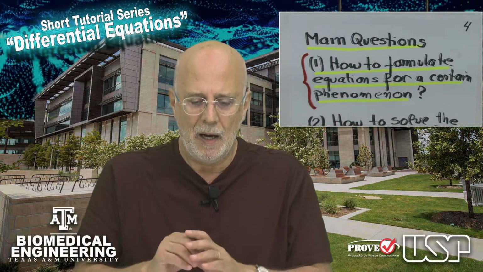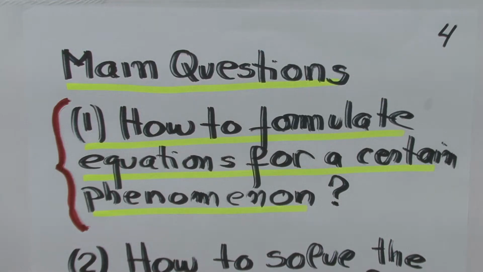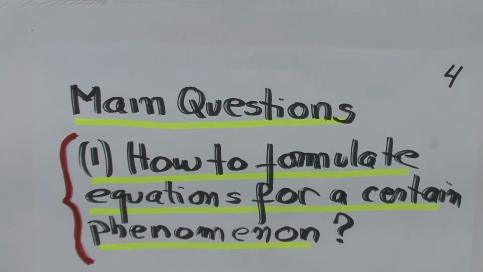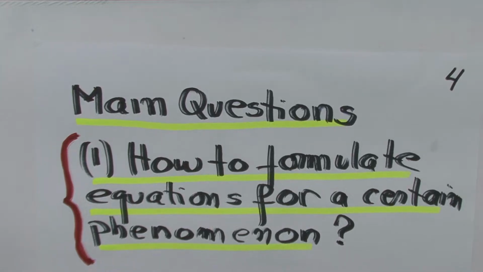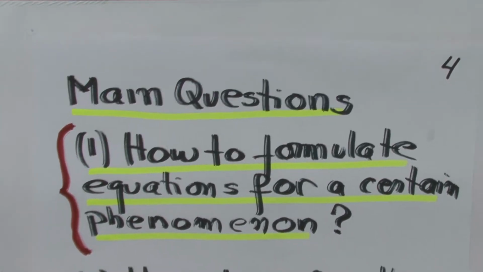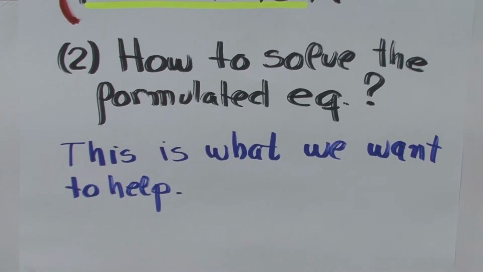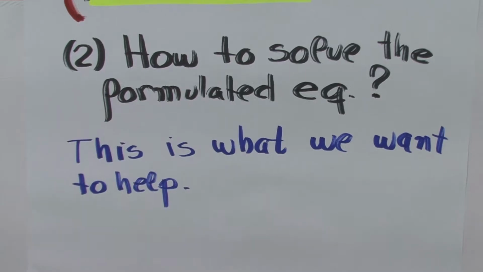So, how to formulate the equation is one of the questions. For engineering especially, mathematicians normally imagine different equations that may be important, but for engineers and physicists and chemists and biologists, it's important to know how to construct.